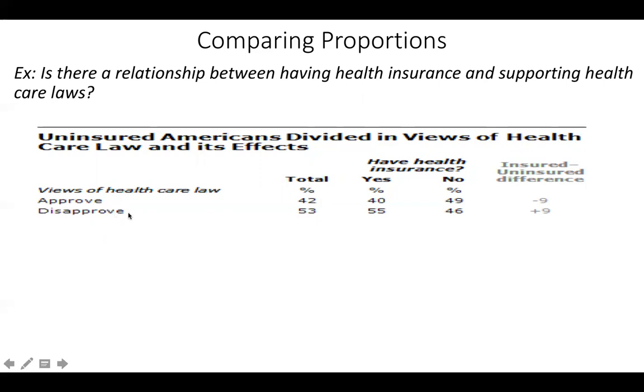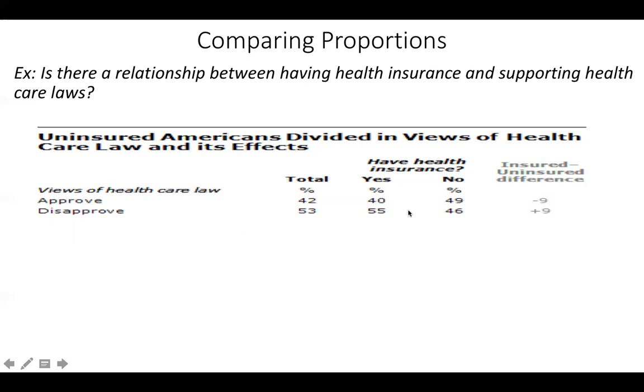And again, approved, disapproved is a nominal variable. It simply categorizes two options of opinions that people have. There's no real ranking to this. So we have disapprove and approve.